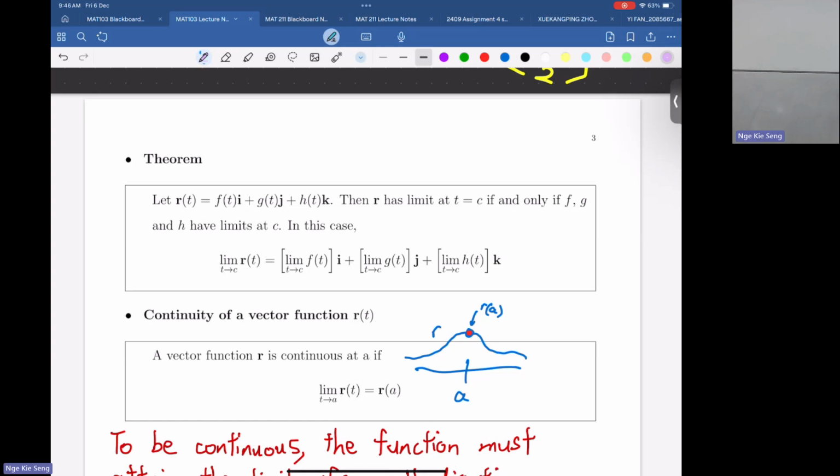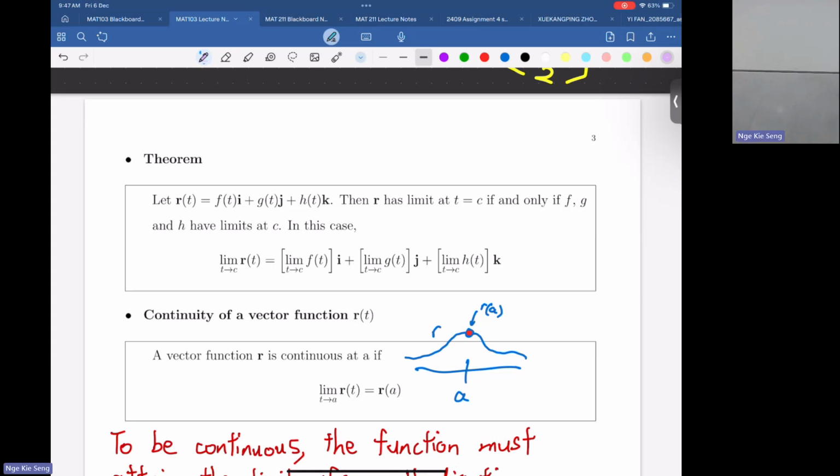R to R. Okay. So you know how to take limits for a one variable function, right? So now we are just taking limits 3 times. So how to take a limit of a vector function?